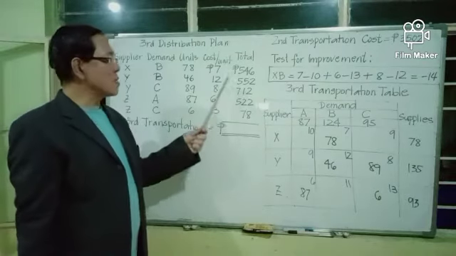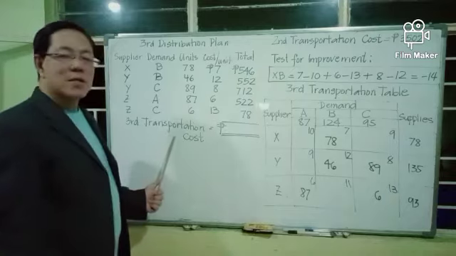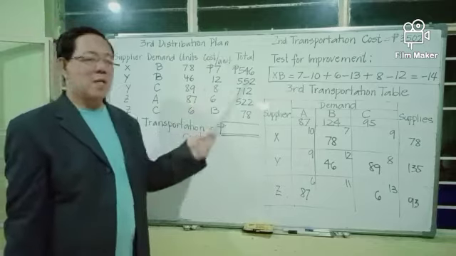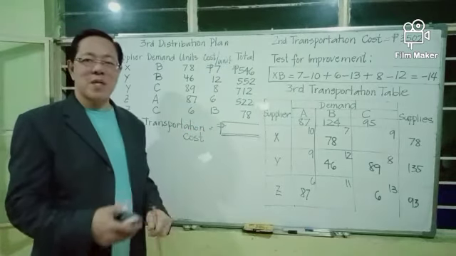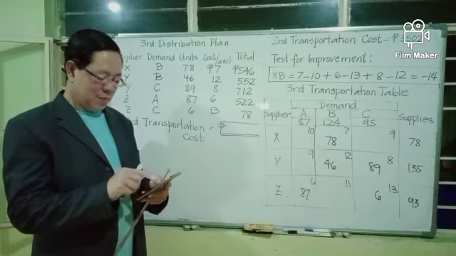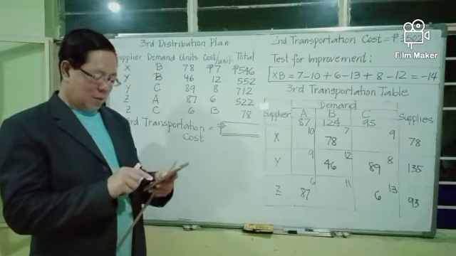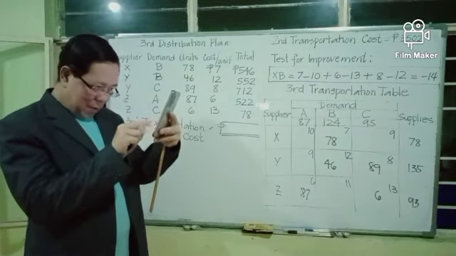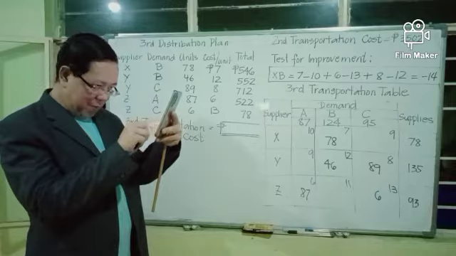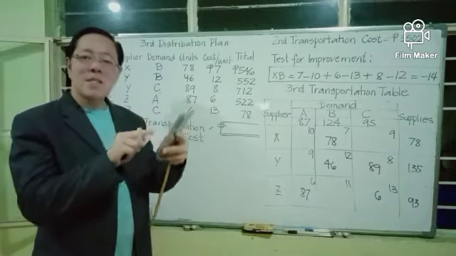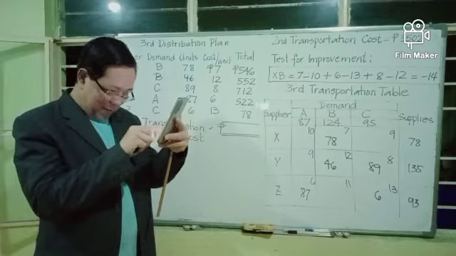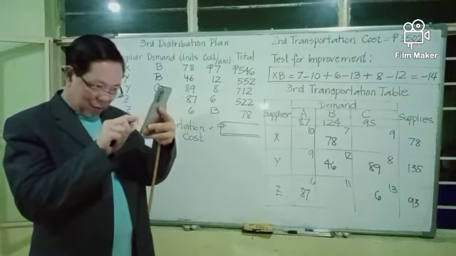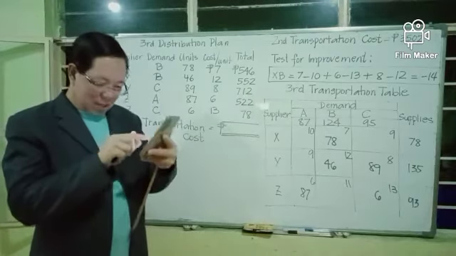And we add the last column to get the total transportation cost for the third distribution plan. We have 546 plus 552 plus 712 plus 522 plus 78.